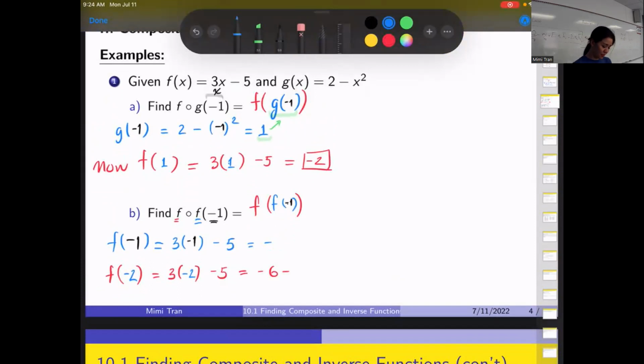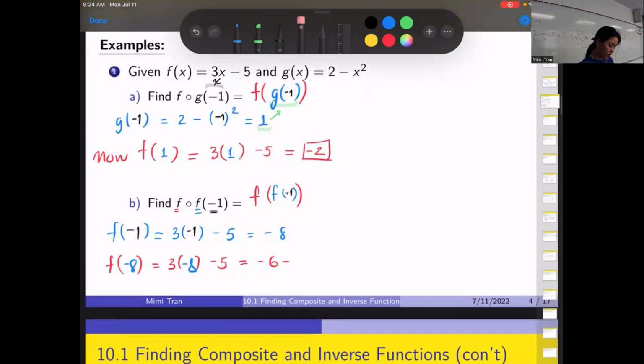It's the same thing as above. Yeah, so -8. 3 times negative 8 is negative 24, minus 5 is negative 29. And that will be your final answer.